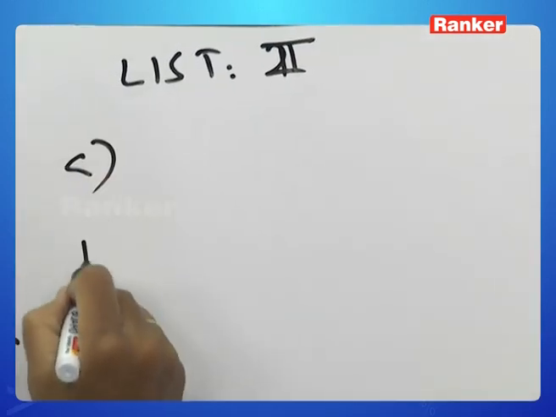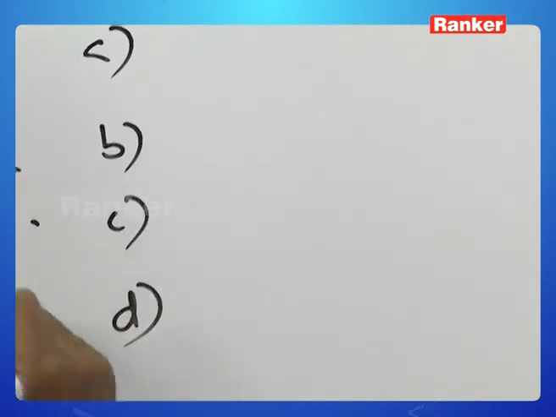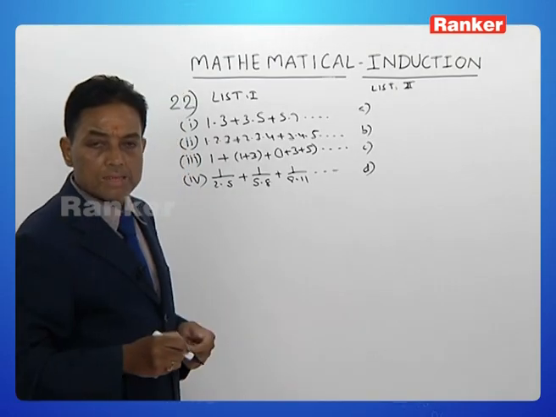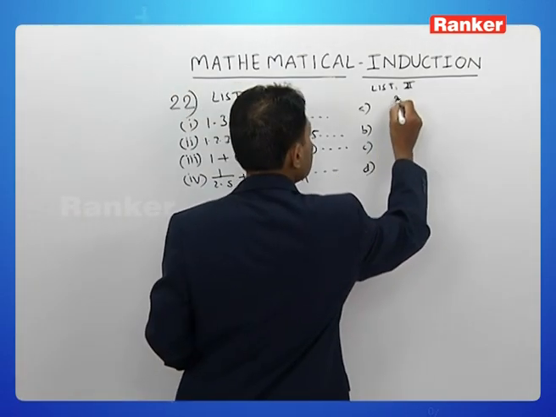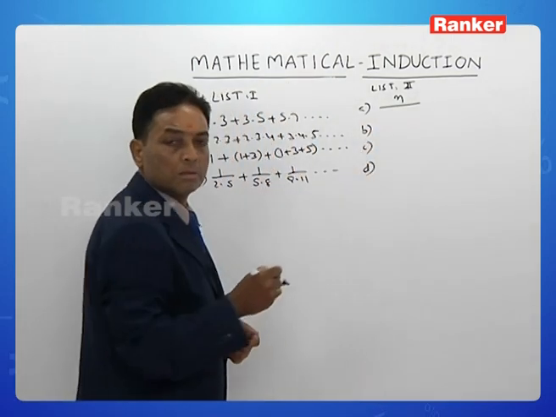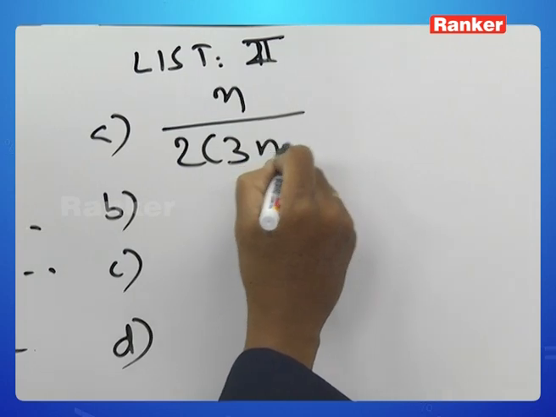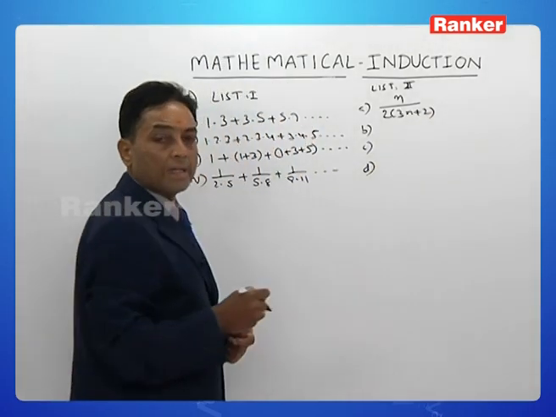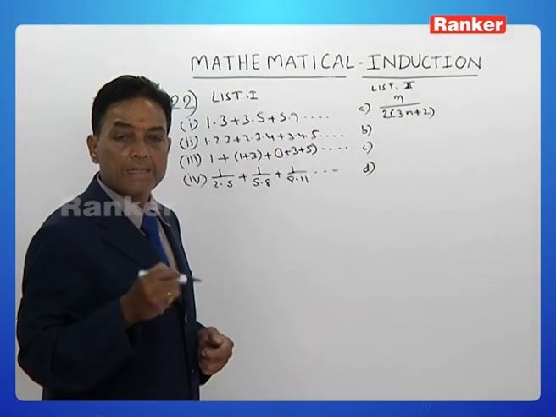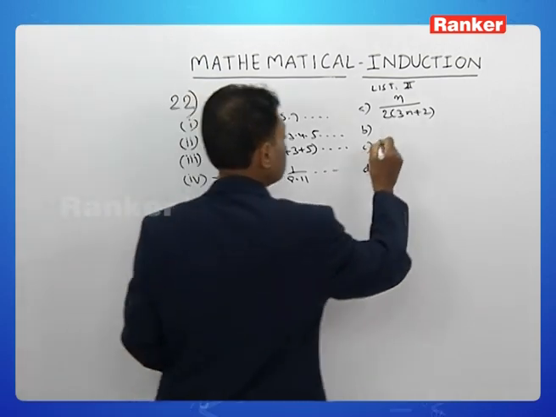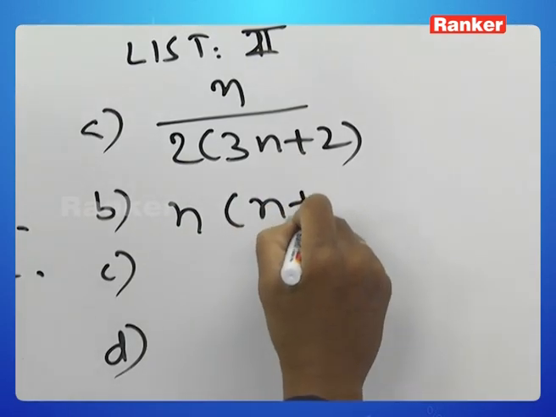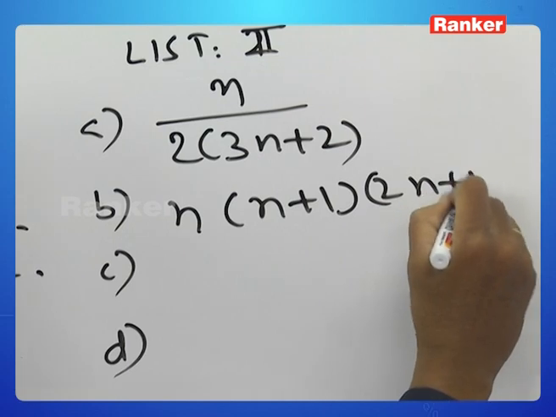So, A, B, C, D. Now, A is given n by 2 into 3n plus 2. And the second one, B, is n into n plus 1 into 2n plus 1 by 6.